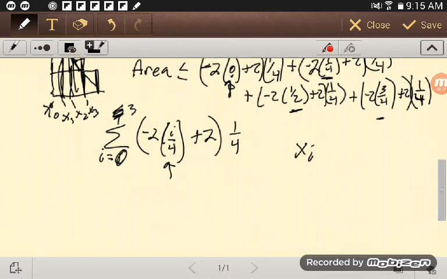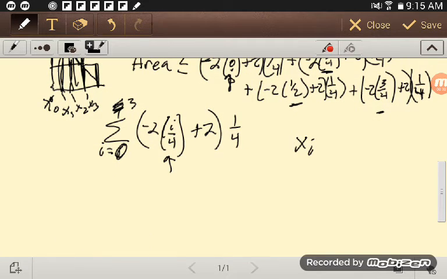Another way, if I wanted the sum to start at 1, I can do a change of variable. This one was the easiest way for me to write it down, but suppose I wanted to start at 1. Let j equal i plus 1.